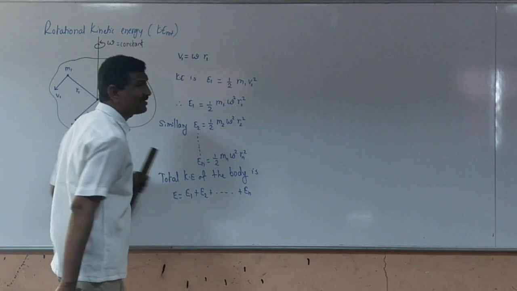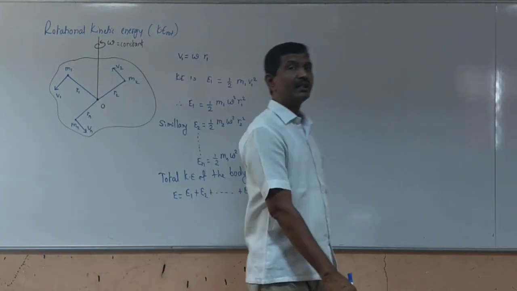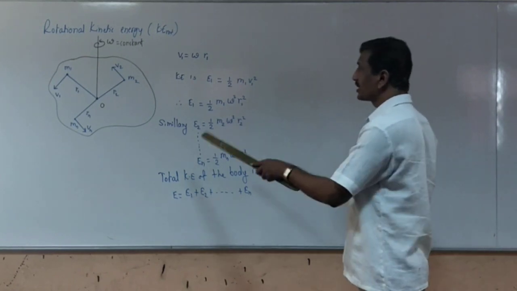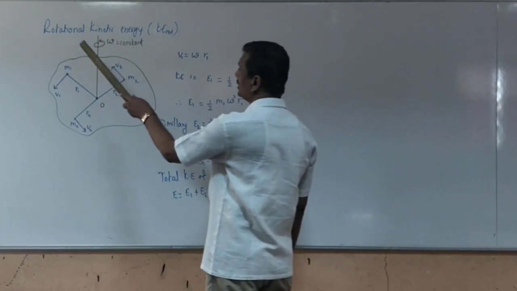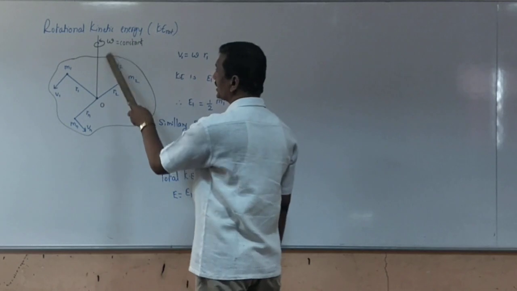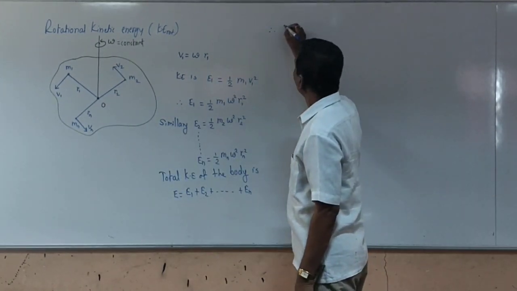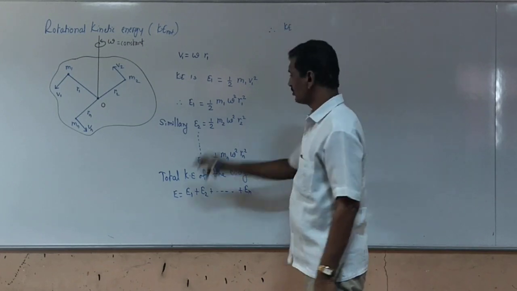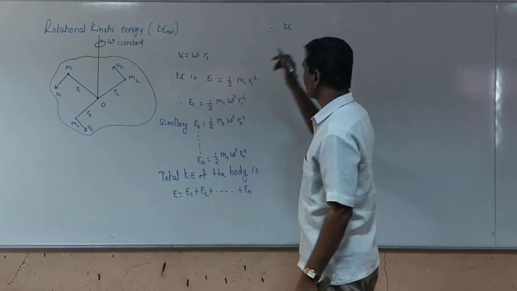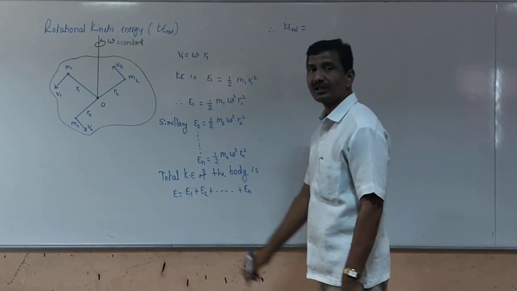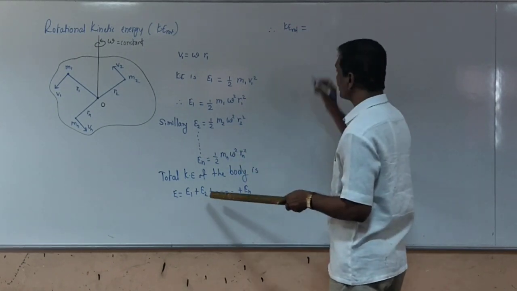Means it is the sum of the kinetic energy of all the particles. That addition of the kinetic energy of all the particles gives us the rotational kinetic energy of the whole body. Therefore, use either the symbol E or K rotational for the total kinetic energy. So what is the total rotational kinetic energy of the body? Put the values of E1, E2 and so on.